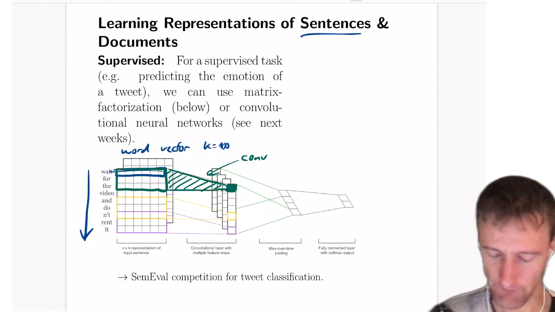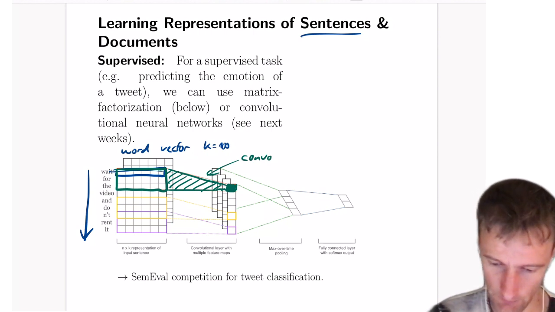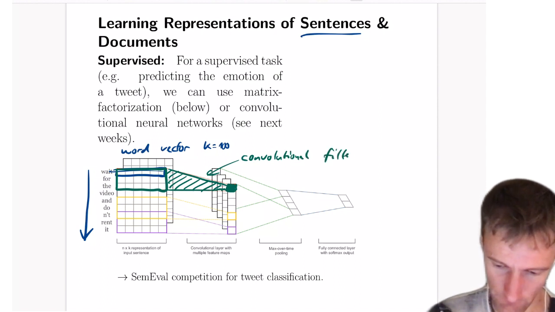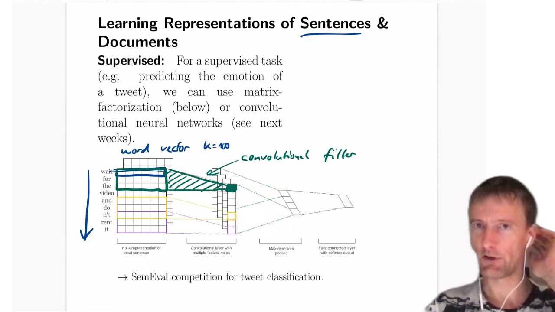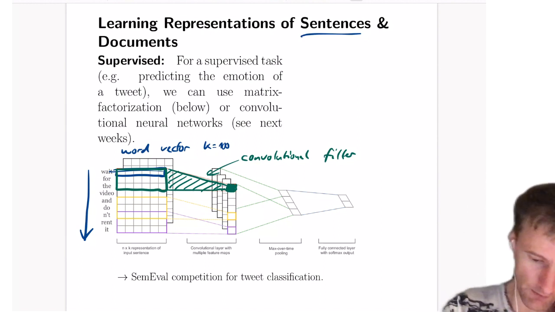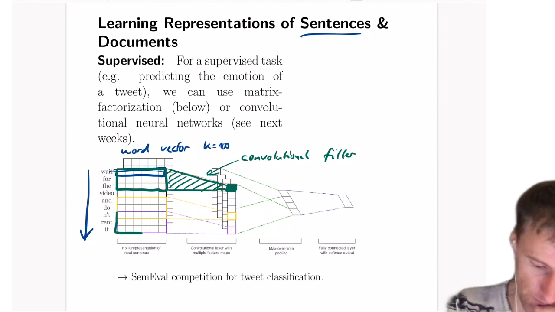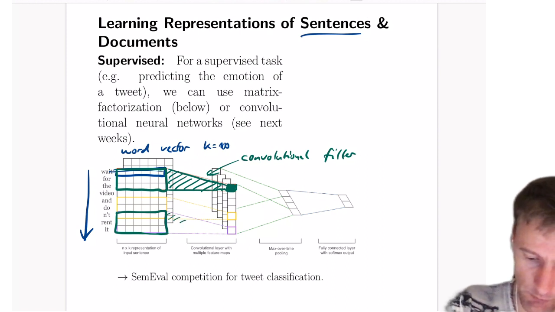You remember this from the course you had on CNNs a few weeks ago. So what it actually does here, if you think about it, is just treats the whole big matrix here as an image, so to say. And then it has these convolutions which are just sliding over the input.